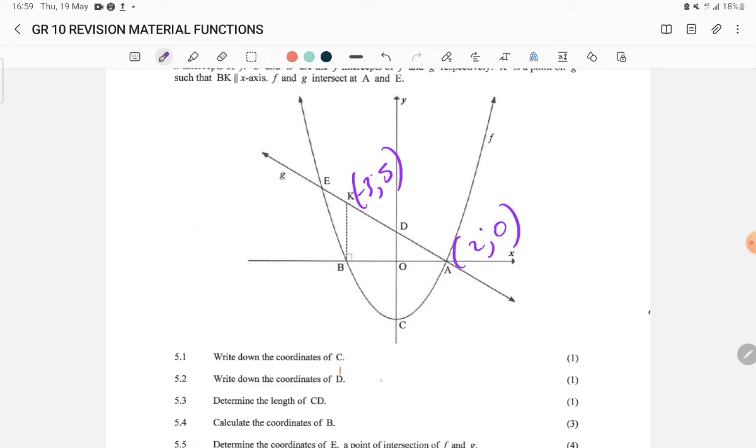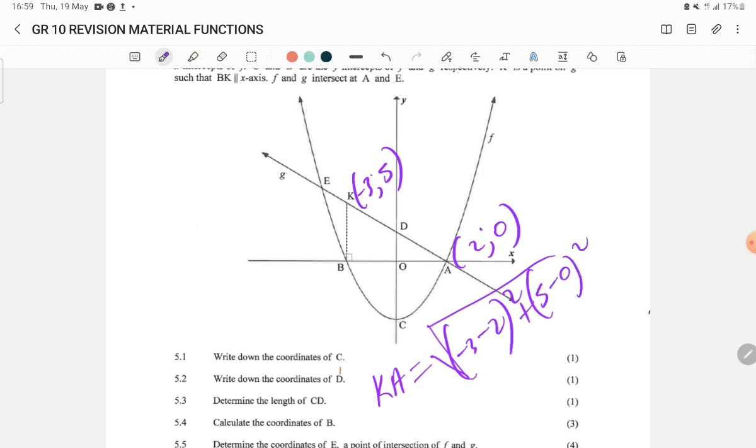So the length of AK is the square root of (x1 minus x2) squared plus (y1 minus y2) squared, with x1 as negative 3, x2 as negative 2, y1 as 5, and y2 as 0.